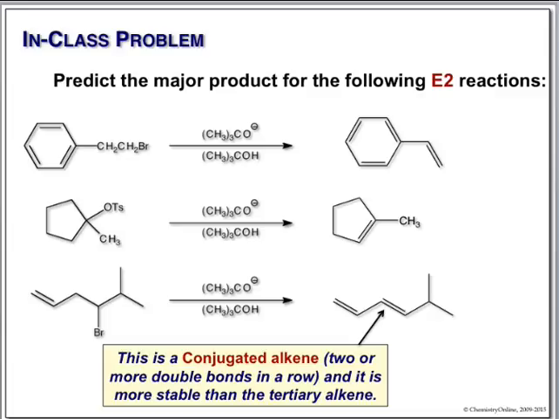But conjugated system basically means we have double bonds or sp2 carbons adjacent to each other. This allows overlap of the adjacent pi systems, and that's a very stable situation. So this gives us the anti-Zaitsev product simply because we're making the fully conjugated system. Any questions?